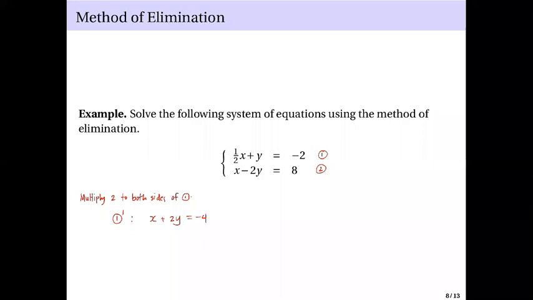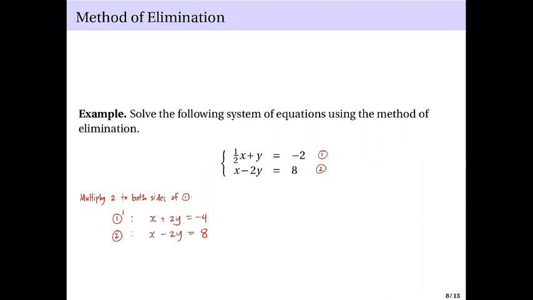And then we still use equation 2, x minus 2y equals 8. So we just copied equation 2. But notice, the variable x in equation 1 now has coefficient 1. It's the same coefficient as in equation 2.